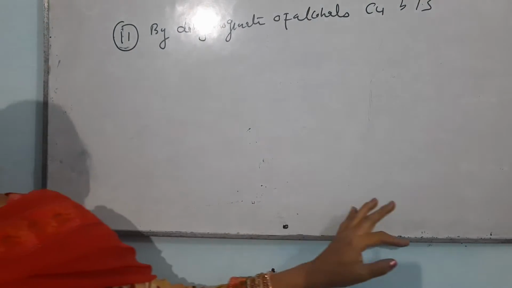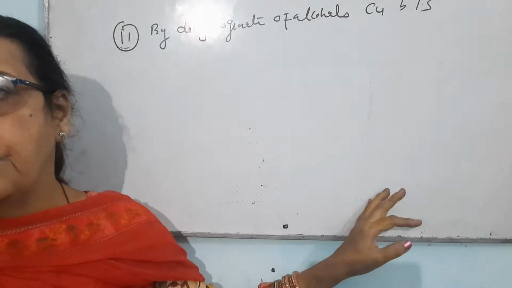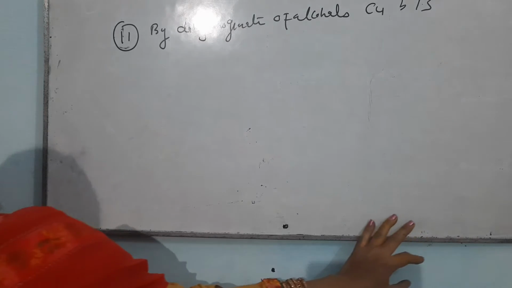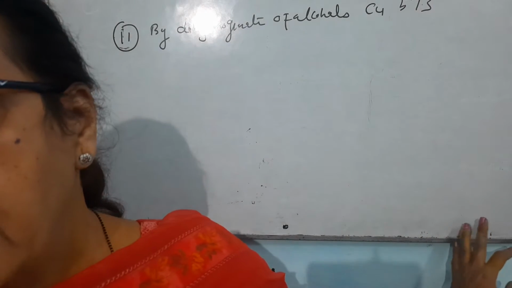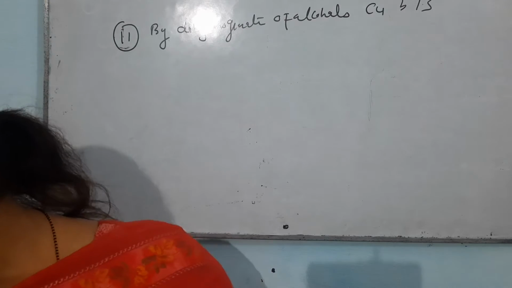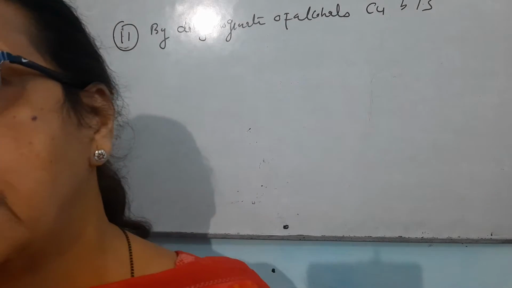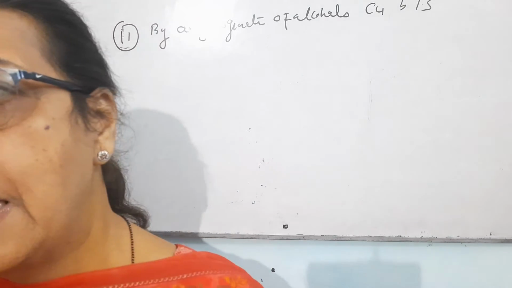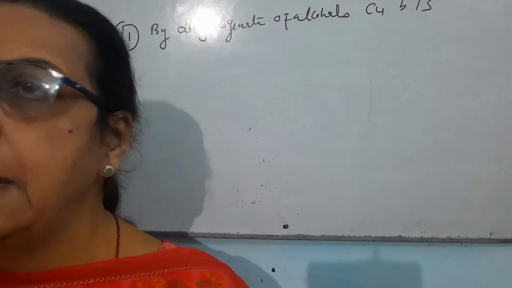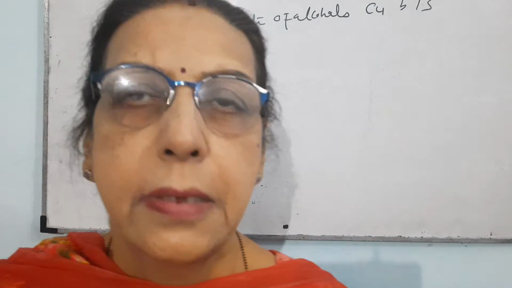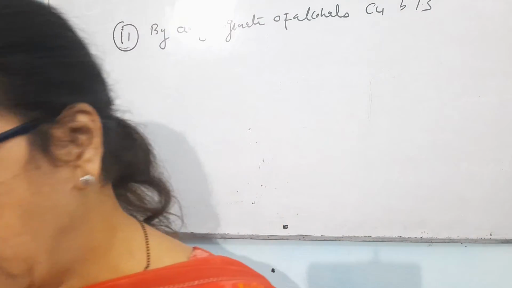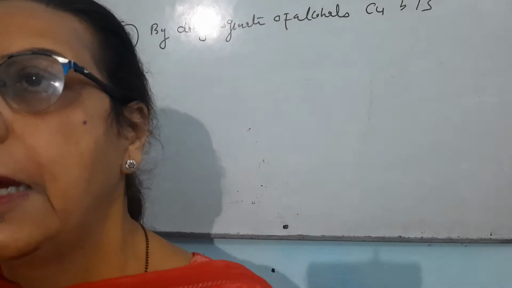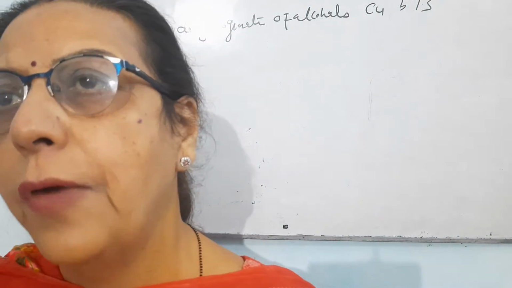Although I have already taught this reaction to you in the chapter of alcohols, let us repeat this reaction. If there is any alcohol present and the reaction is done with copper at 573 Kelvin, primary alcohol will be converted in the form of aldehyde. The secondary alcohol will be converted in the form of ketone, and if there is a tertiary alcohol, it will be converted in the form of alkene.